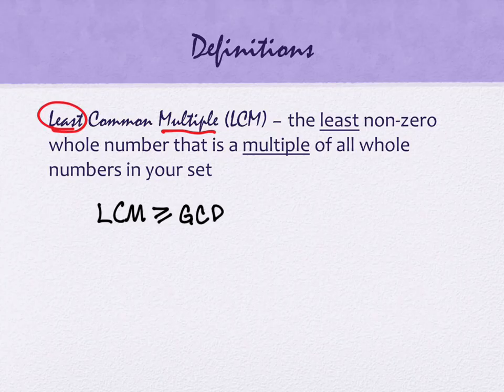The only way they're equal is if they happen to be the number you're talking about itself. 5 is both a divisor of itself and a multiple of itself. So the answer could be 5 and be both the divisor and the multiple. That's fine. That's rare, but it's possible. Every other time, the least common multiple is bigger than the greatest common divisor.